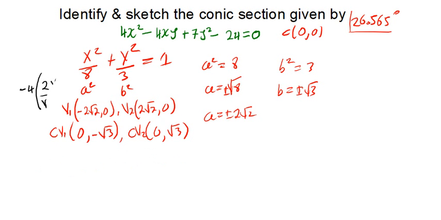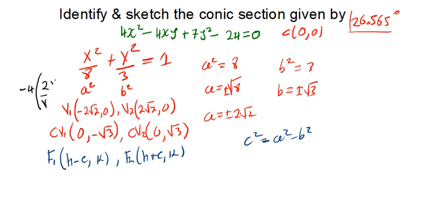For the focus, I will say my f1 is supposed to be at h minus c comma k. Then my f2 is supposed to be at h plus c comma k. So what's our c? c squared is equal to a squared minus b squared. So c squared will be equal to 8 minus b squared, which is 3.